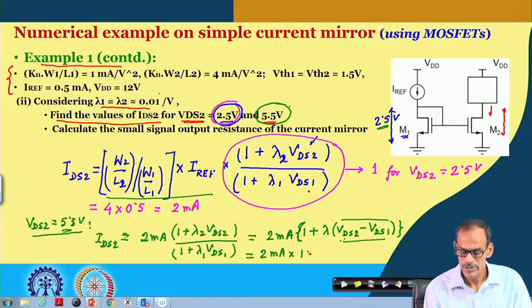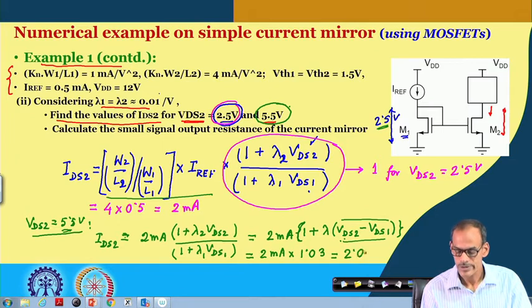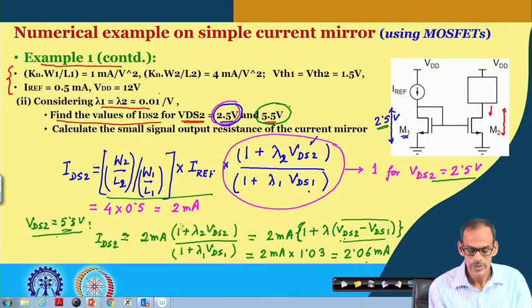So, that gives us 1.03 as the non-ideality factor, and that gives us the current equal to 2.06 milliampere. So, we can say that for these two different VDS values, we have different currents. One is 2 milliampere here, another is 2.06.